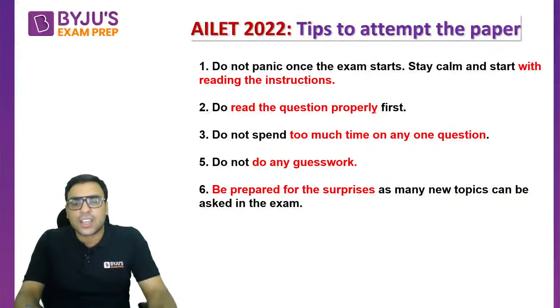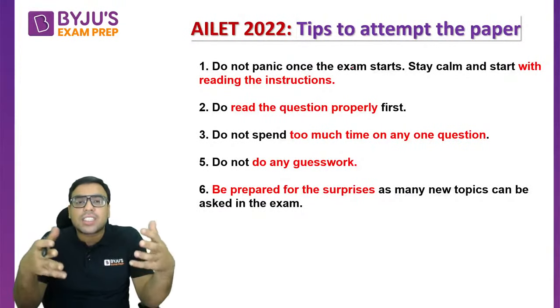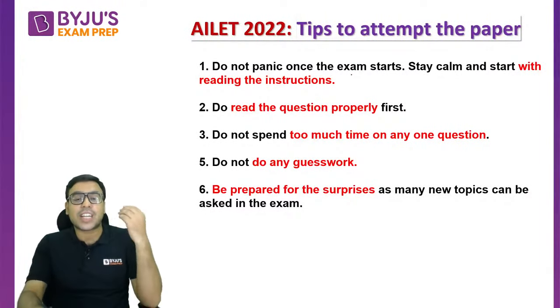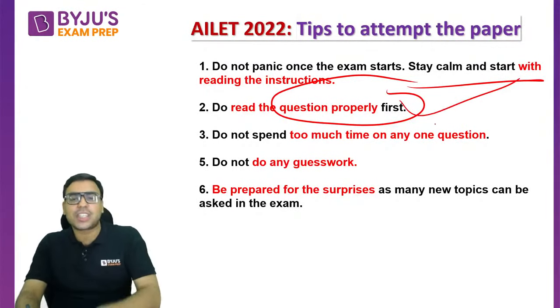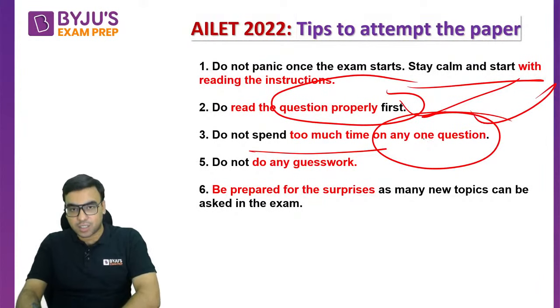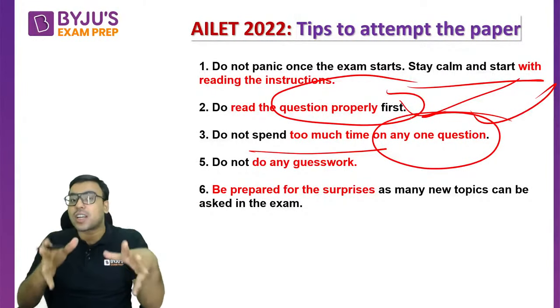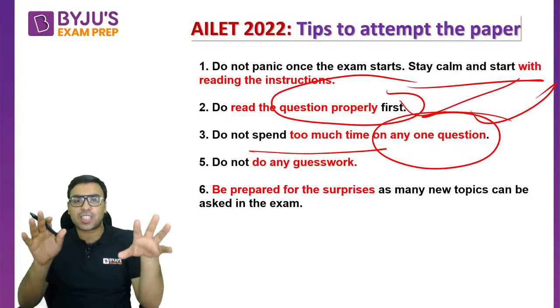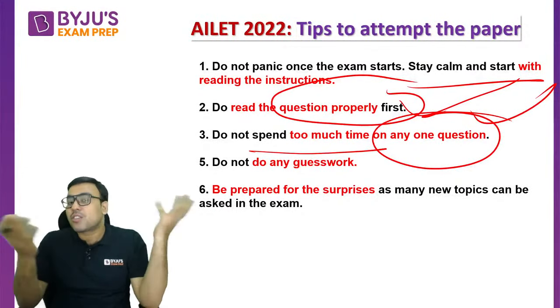Yes. And one more thing: when a question is given and you see some unpredictable question, do not panic, because it will be unpredictable for everyone. Do read the question properly. Do not spend too much time on any one question. If you are unable to solve it, leave it and move on. Because if you have an ego, I have solved this question, then of course you will skip many questions which you knew.